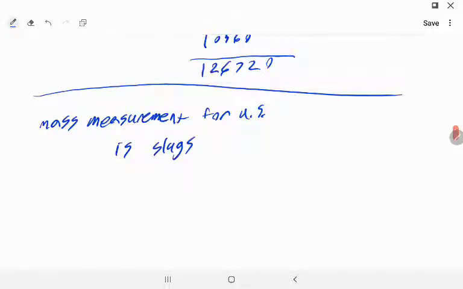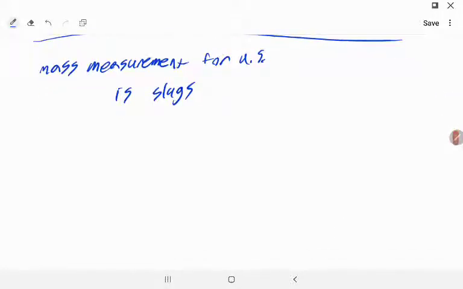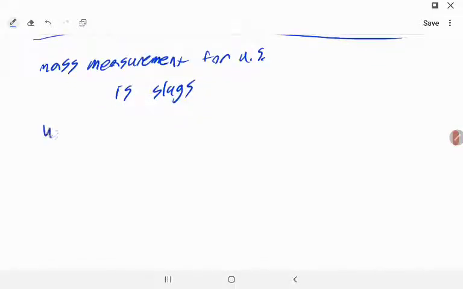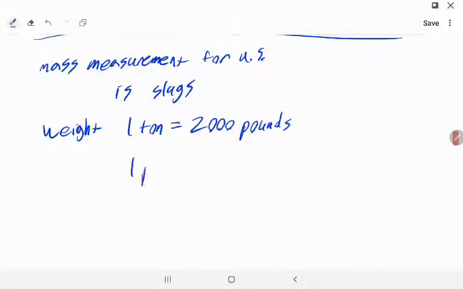No one ever actually uses that measurement anymore. It's more just an item of amusement. What the US system uses instead is weight. Given 1 ton is 2,000 pounds, 1 pound is equal to 16 ounces.